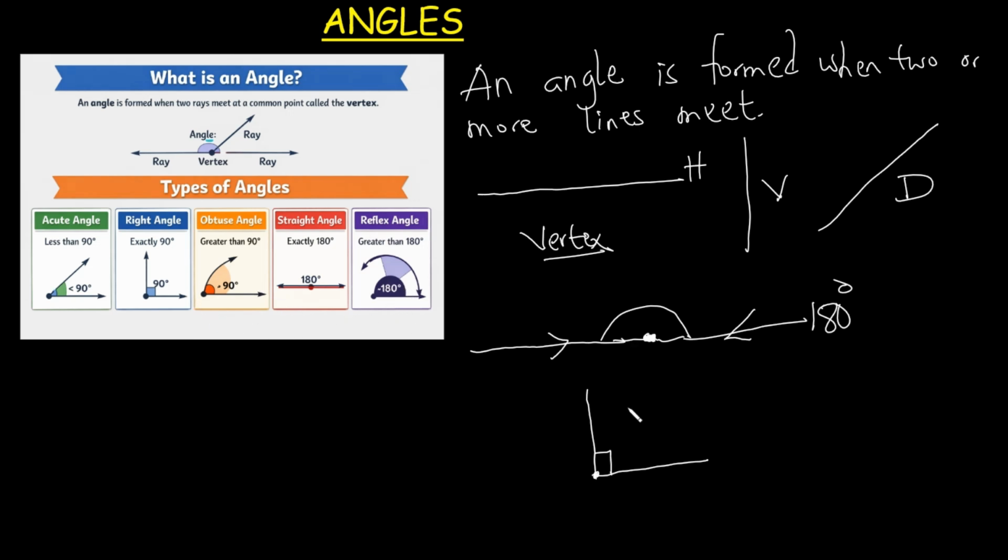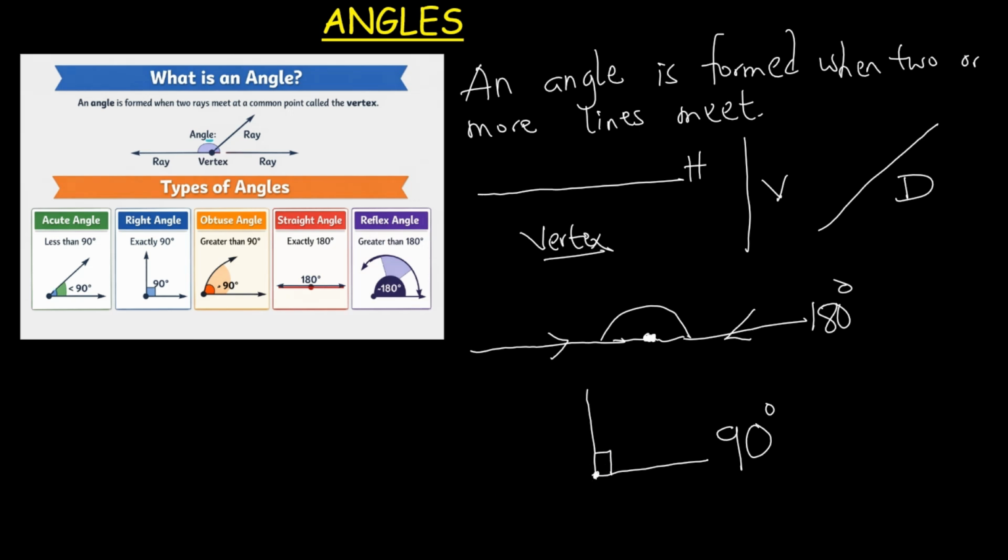A right angle is an angle equal to 90 degrees. As you can see, when two straight lines meet, they form a straight angle, and then when a vertical line and a horizontal line meet, they form a right angle.